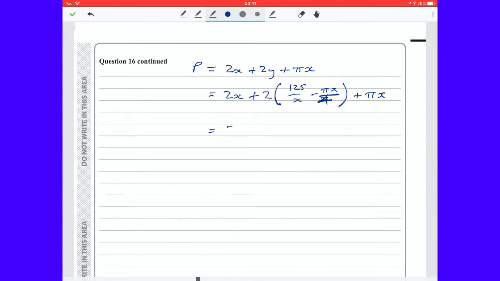So that comes to 2x plus 250 over x minus pi x over 2 when I multiply through by the 2, plus pi x. And that's equal to 250 over x plus 2x plus pi x over 2 as required in the question.